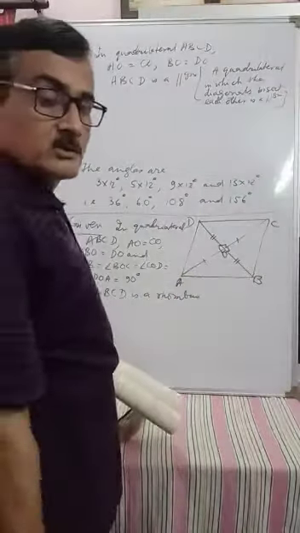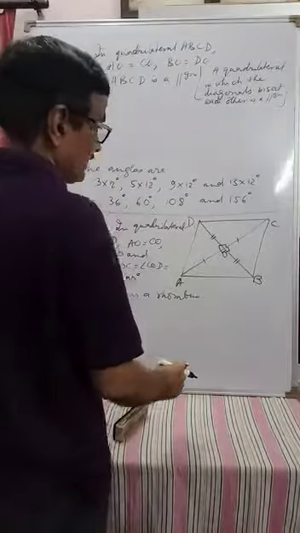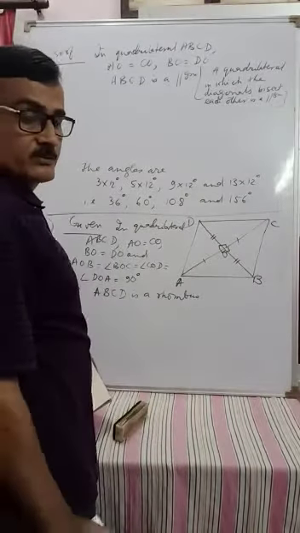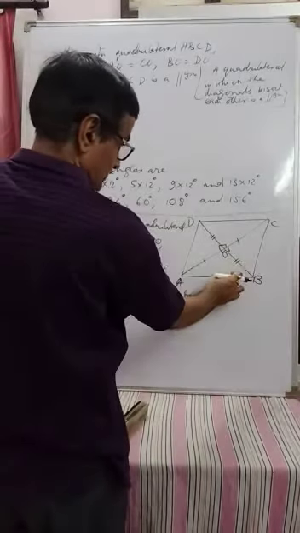Now a parallelogram will be a rhombus if one pair of adjacent sides are equal.